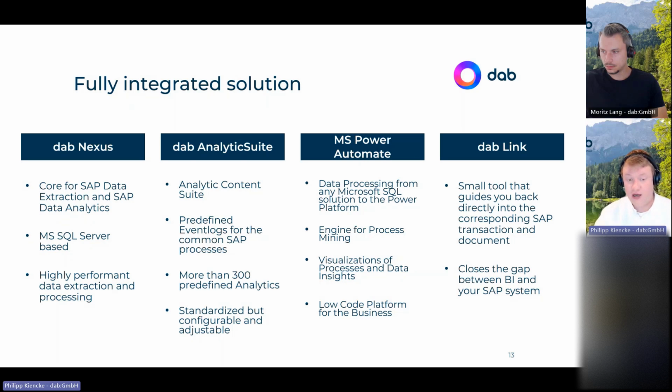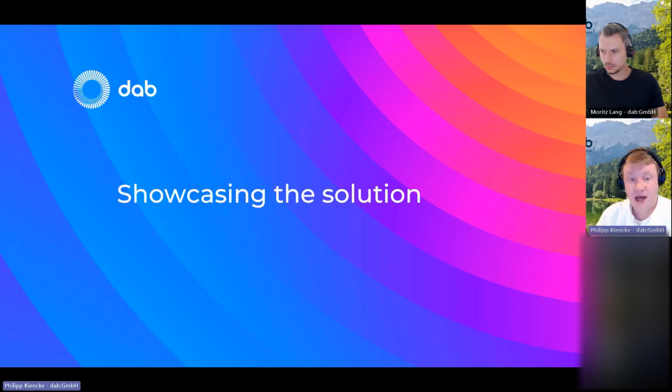So if you have already decided to use Microsoft, to also use Azure Cloud or maybe Fabric or whatsoever, we can fully integrate the solutions into this. And as you know, also from the last webinars, we can always offer a DAB link so that if you want to investigate certain documents, you can jump directly back to your SAP system. This integration I will show you a little bit live now, but first, please let me go through the steps once more.